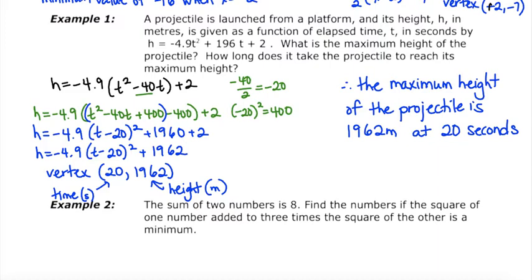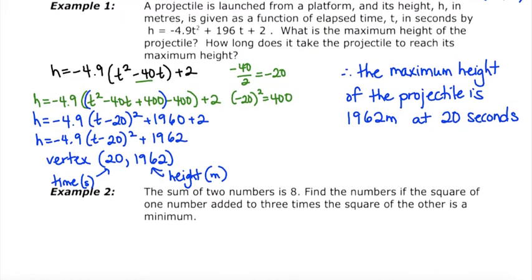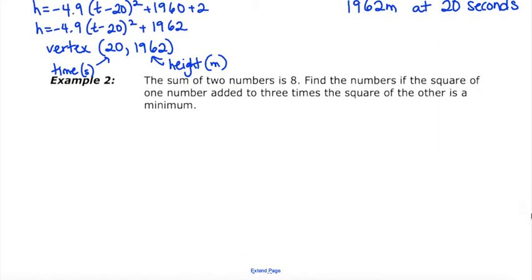Example number 2. Example number 2 looks at a numeracy question. So we're thinking about how we can rewrite this problem using a quadratic equation. I know that I have two numbers. The sum of the two numbers is 8.